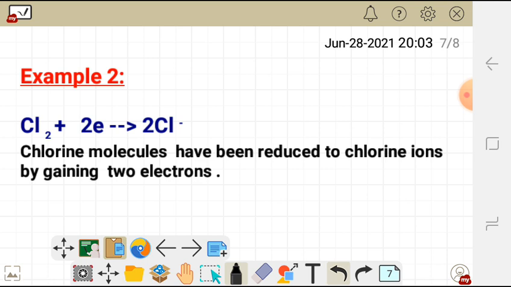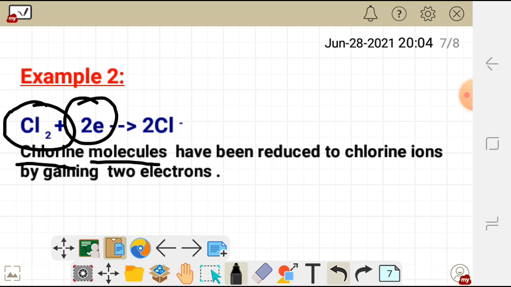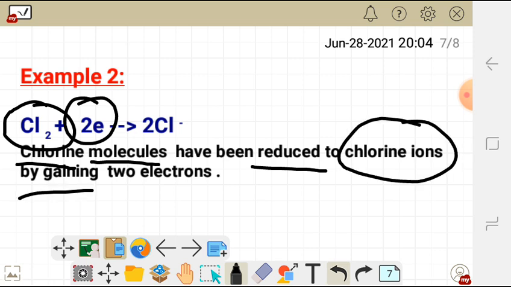Example 2: we have chlorine molecules gaining 2 electrons to form chloride ions. Therefore, we can conclude that chlorine molecules have been reduced to chloride ions by gaining 2 electrons. Reduction is the gain of electrons.